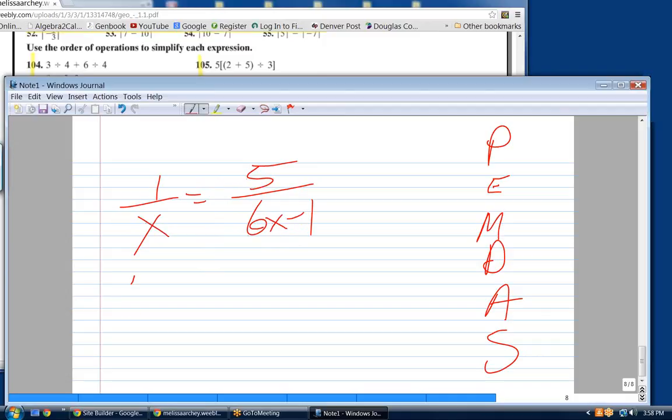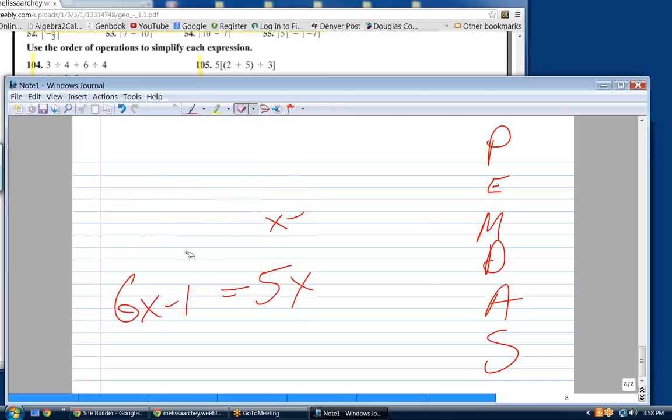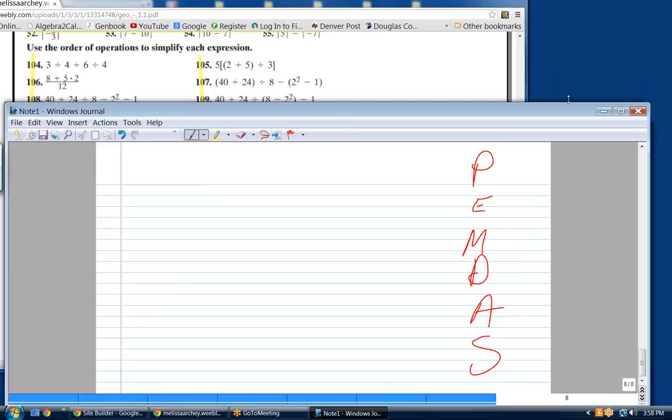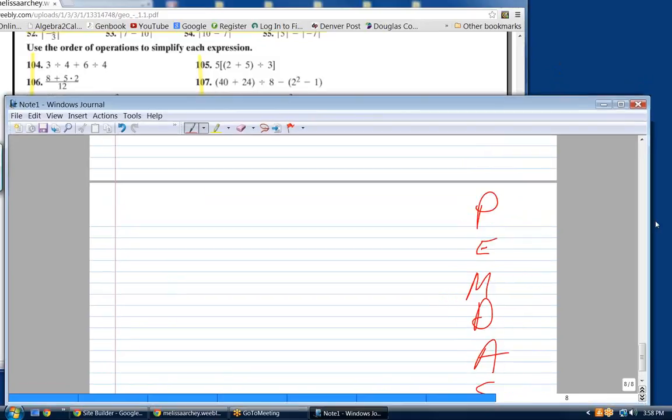So when I cross multiply these, I get 6x minus 1 equals 5x. In other words, I do two steps in one. But you're only doing that in equations. You never cross multiply unless you have an equation that you're dealing with.